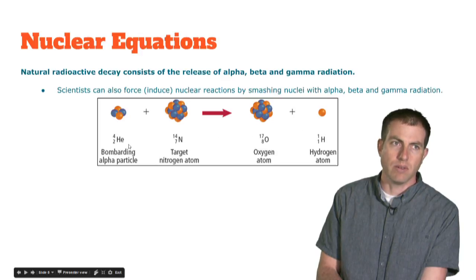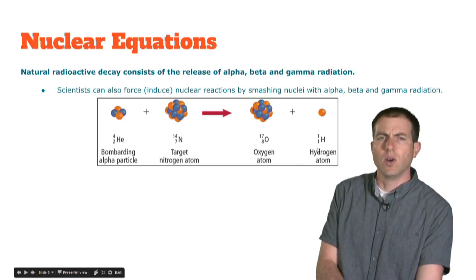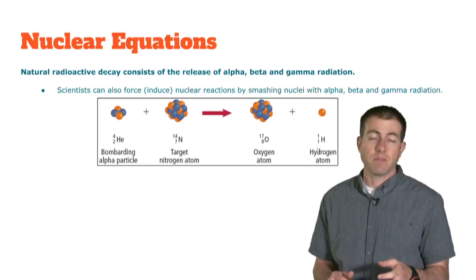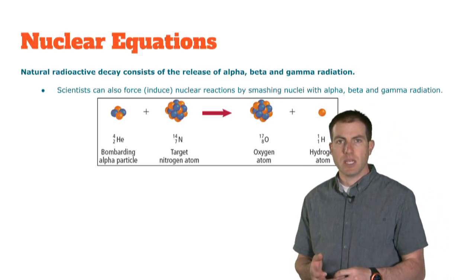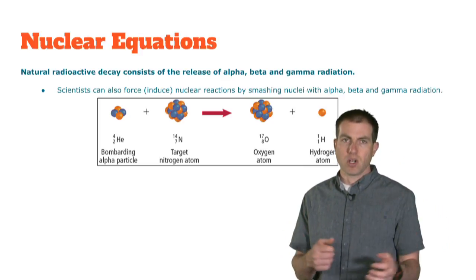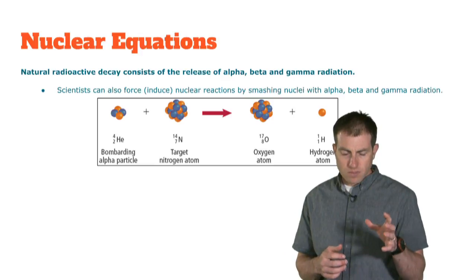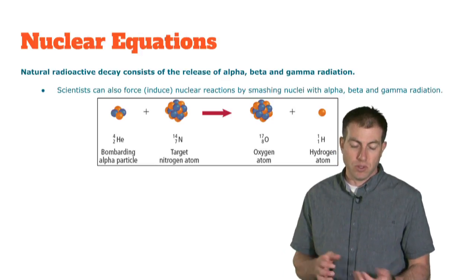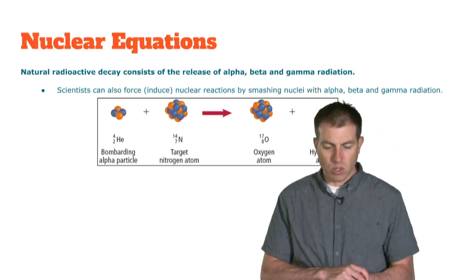On the bottom I have 2 plus 7 is 9, and that equals 8 plus 1, which is 9. So the math always works out, just like when we were doing alpha, beta, gamma decay. Now we're going to do slightly more complicated equations, but the math's always going to work out. So if you can add or subtract, you can do these types of questions.